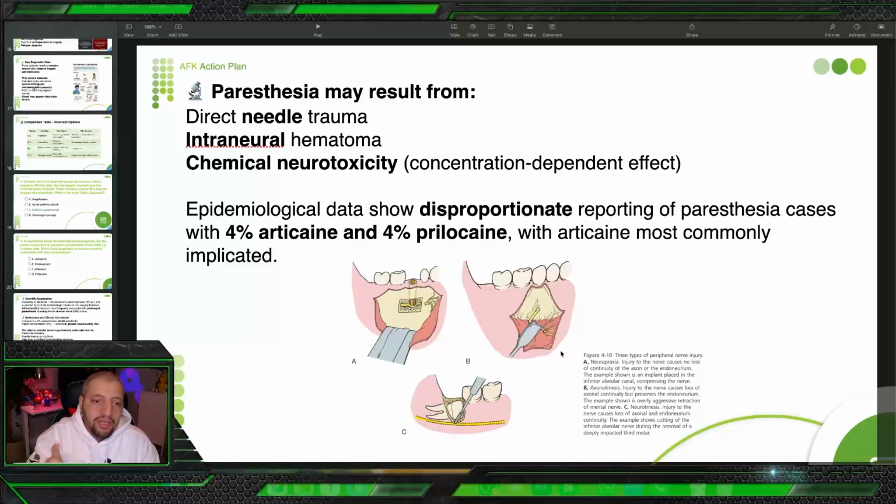This is very important. Maybe we can discuss this topic in a different question when we go about surgery. Epidemiological data show disproportionate reporting of paresthesia cases with 4% articaine, and the second one is 4% prilocaine. So articaine and prilocaine are most commonly correlated with paresthesia for the patient.